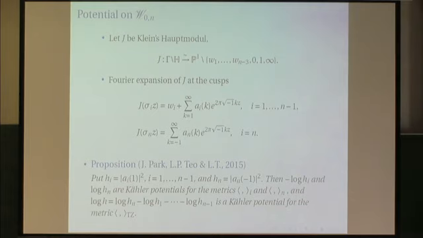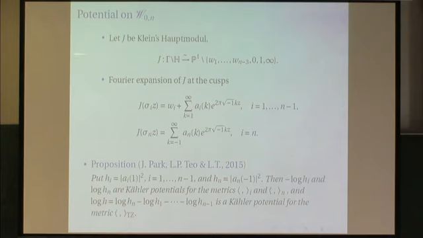And then it's a very simple statement that these cusp matrices are Kähler matrices, and they have a global Kähler potential on the configuration space of n points, and this global Kähler potential is given by the absolute value squared of the first Fourier coefficient.